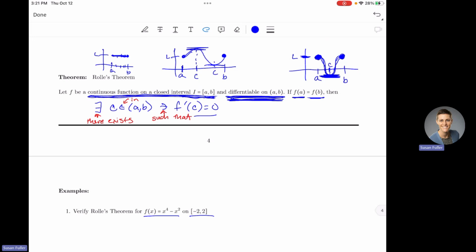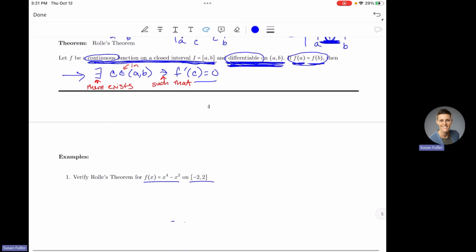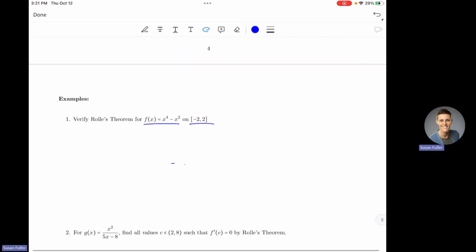Remember, in order to have this, f needed to be a continuous function, and it needed to be differentiable on the open interval, and we needed our y values to be equal. We have to check all three of those boxes before we can apply Rolle's theorem and be 100% sure that we have a c value in there where our tangent line is horizontal. So we first have to check those boxes.